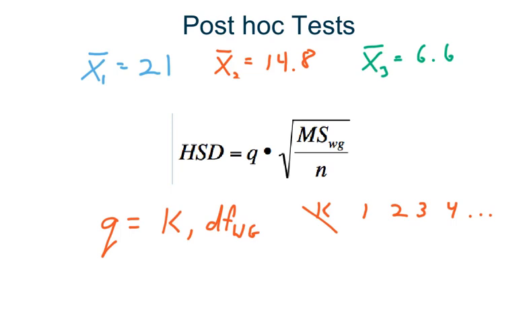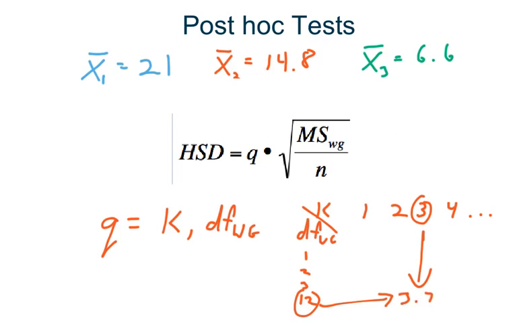Along the left-hand side is the degrees of freedom within groups. We had 12 degrees of freedom within groups and 3 groups total. So there's the 3, there's the 12. Where those intersect, we can see that our Q is going to be 3.77. So that's the Q for the formula.